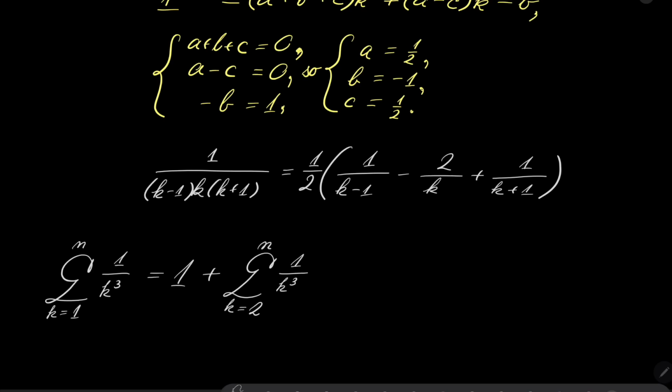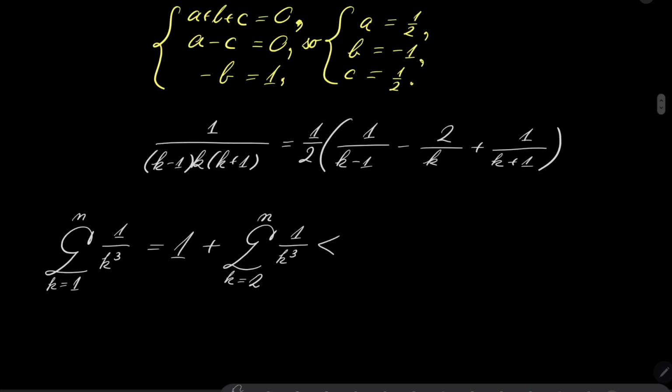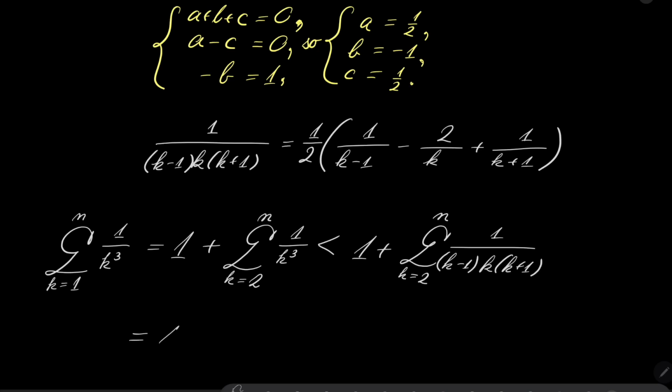Now we can estimate it. The sum going from k equals 2 to n of 1 over (k minus 1) k (k plus 1). Because of our partial fraction decomposition, we can decompose it into 3 sums.